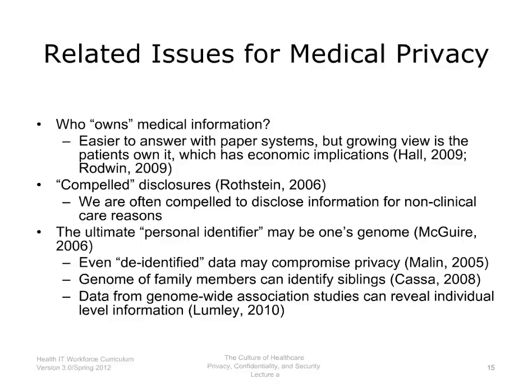Access to the genomic information manifests itself in a number of ways. For example, a person's genome can be identified by the genomic information in their siblings. There are a growing number of genome-wide association studies, where an attempt is made to associate variation in an individual's genome with different diseases.